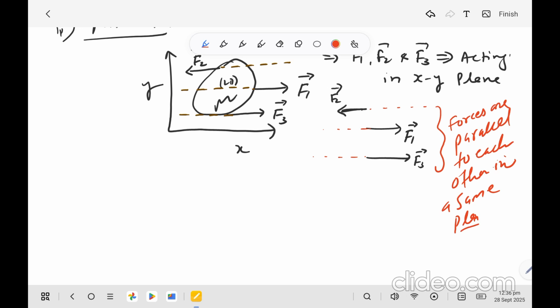Now if we extend the lines of action, all of them are parallel to each other, which means F2 is parallel to F1, F1 is parallel to F3, F3 is parallel to F2, and all these forces lie in this 2D plane, the xy plane. That's why we call this group of forces a parallel coplanar system of the forces.